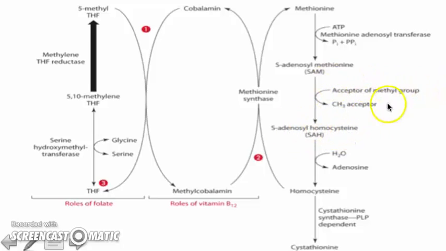Here, this methyl group acceptor now contains the methyl group. So we see methionine to SAM to SAH to then homocysteine.